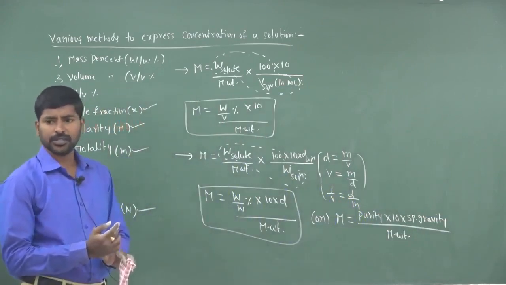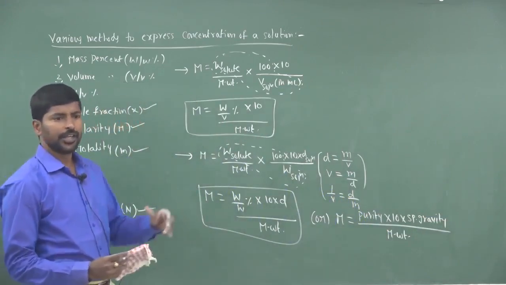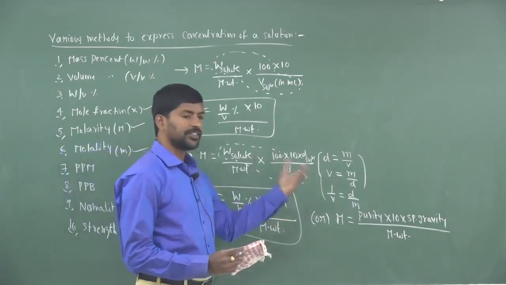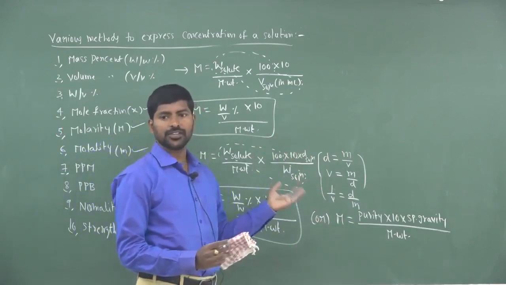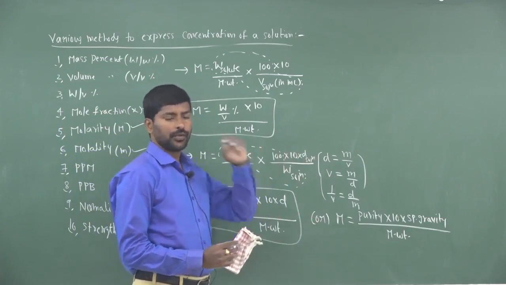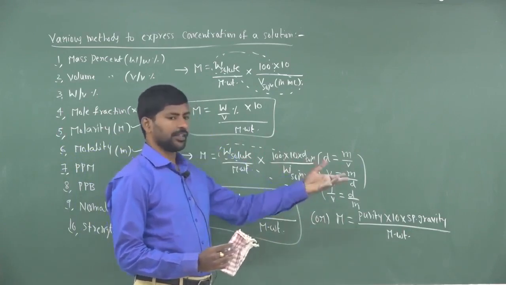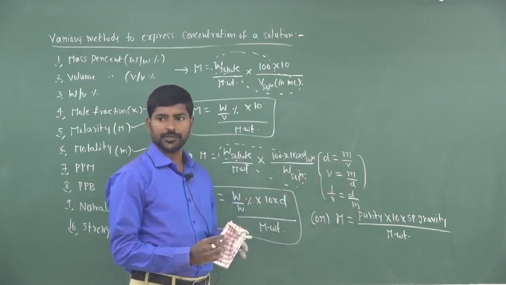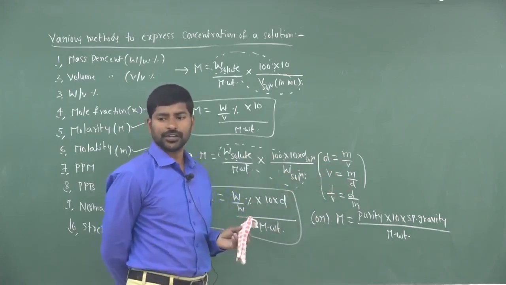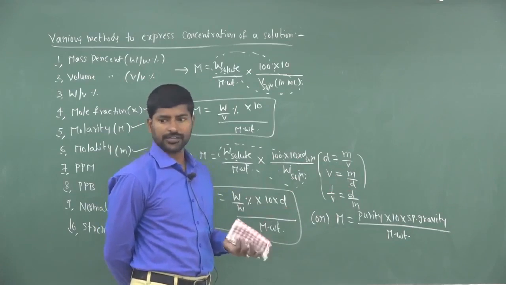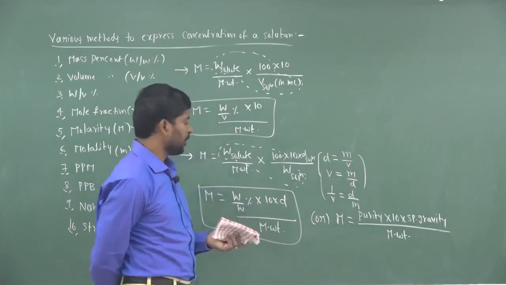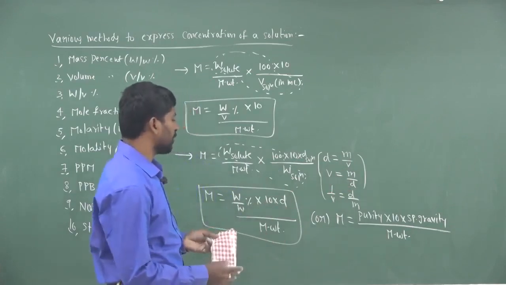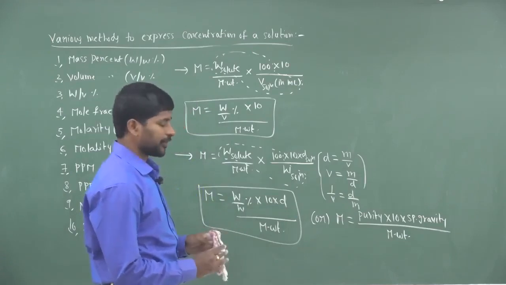Specific gravity is nothing but relative density. Since the density of water is almost 1, the relative density is similar to its density only.